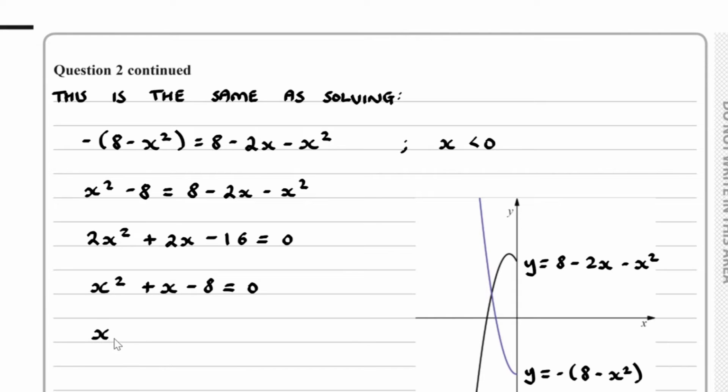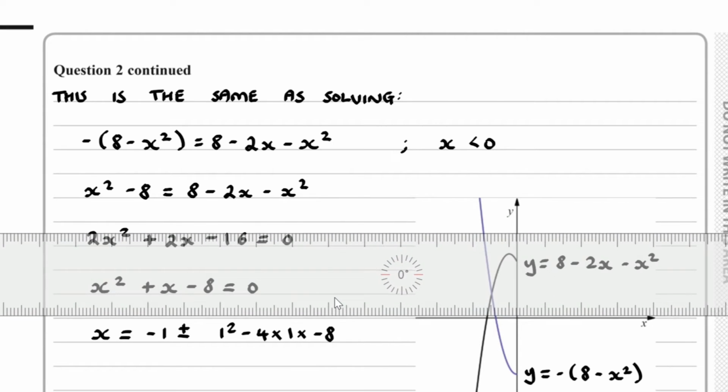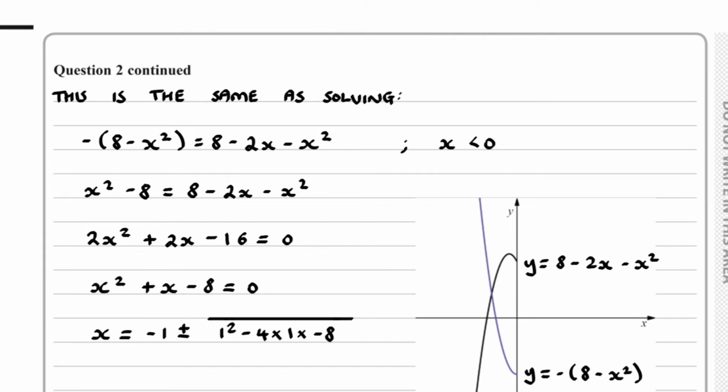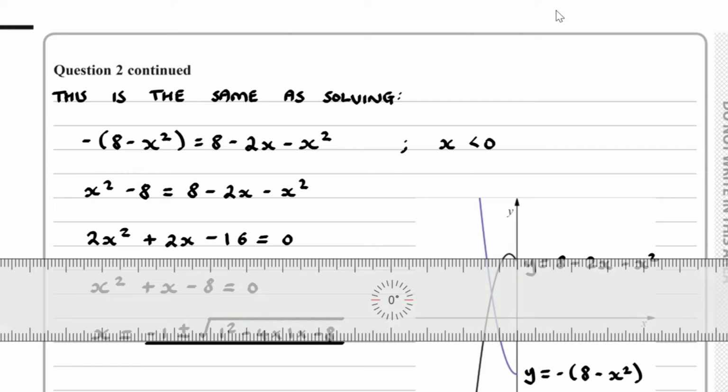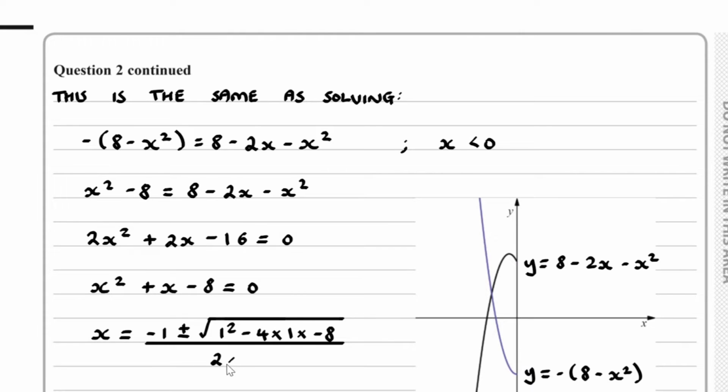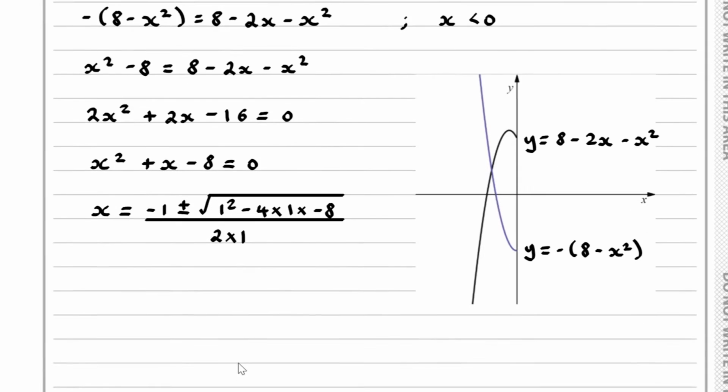And using the quadratic formula, we've got x equals negative 1 plus minus the square root of 1 squared minus 4 times 1 times negative 8, and then we divide by 2 lots of 1. And what we'd end up with then is x equals negative 1.